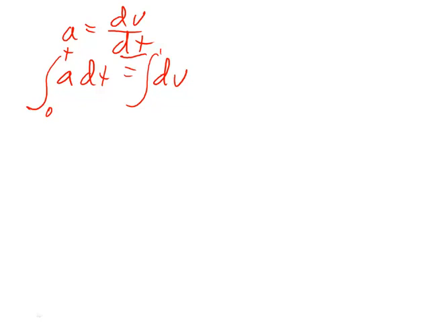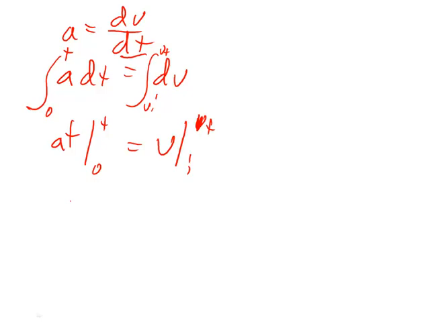So we can do this, okay? And then of course we're going to have Vf and Vi. And then we just do the integration, y'all. And it becomes what? Well, we know acceleration's constant. It's a constant. So it becomes at, from t to 0, is equal to V final, V initial. And then we finish the integration, don't we?